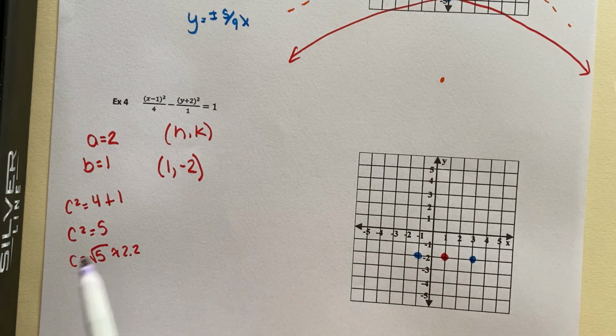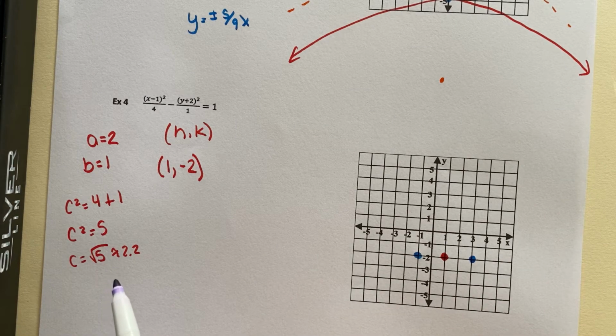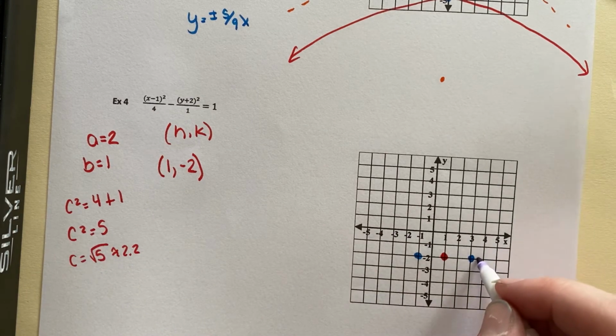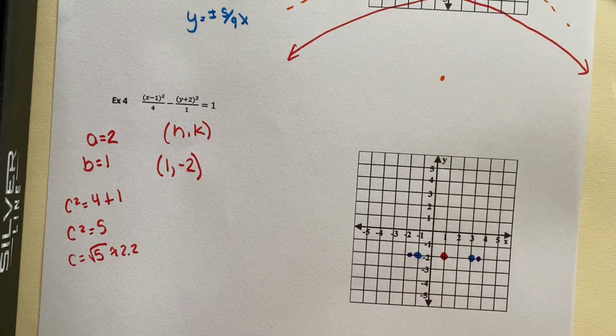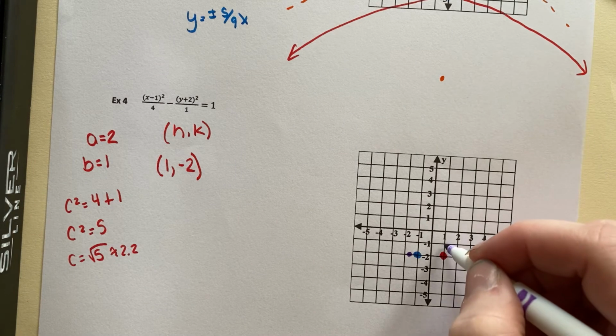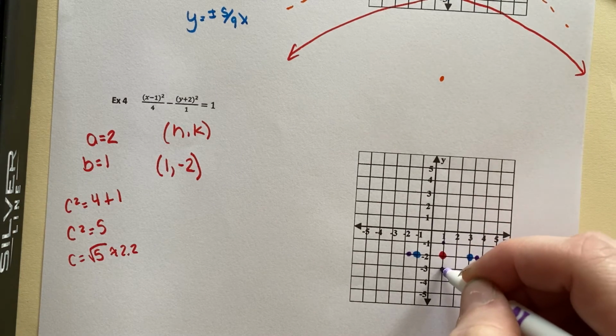Our focus is going to be C. C is about 2.2. So add a little bit more to that. Remember, that's your distance away from your center, so it should look perfectly symmetrical. And then the co-vertex is B, so B is 1. So I'm going to go up 1 and down 1 from my center.